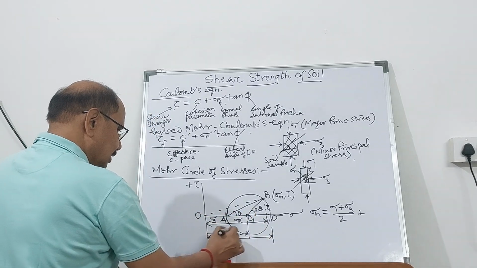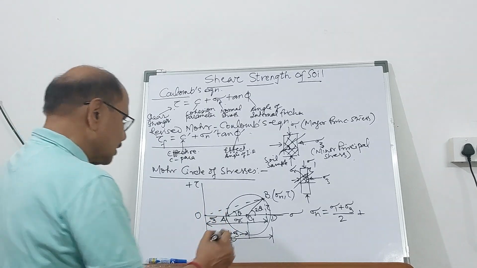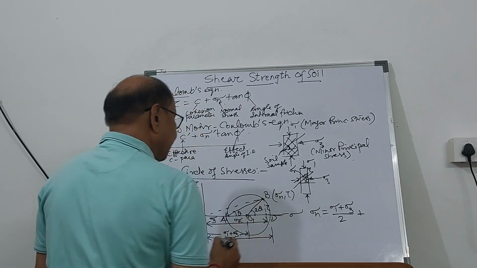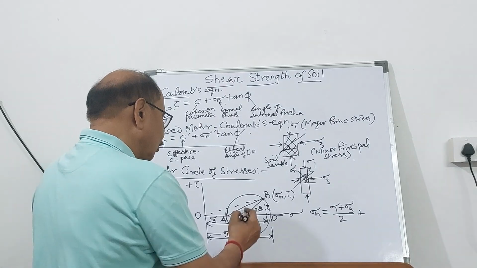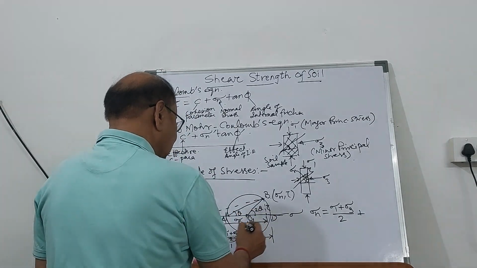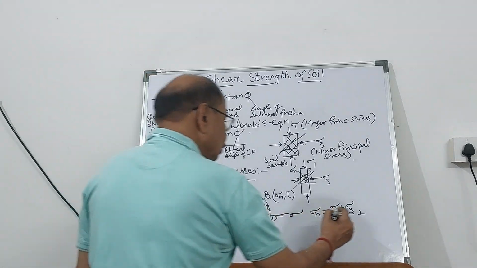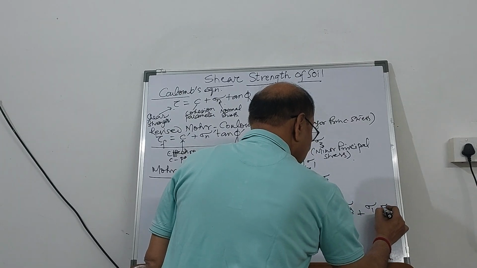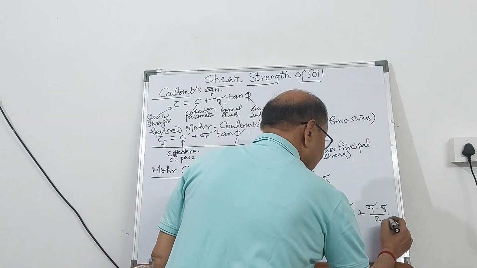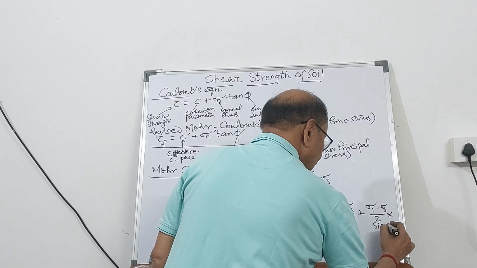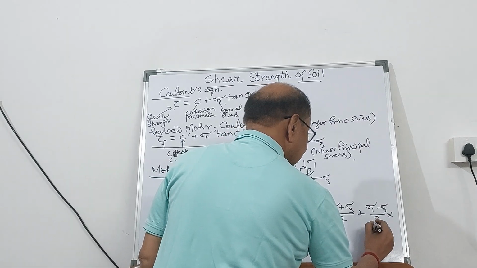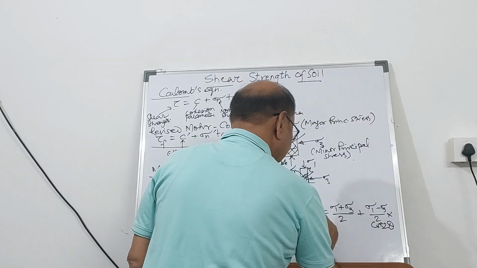So O2 O1 is sigma 1 plus sigma 3 divided by 2, plus this sigma n is going to be equal to the radius, which is sigma 1 minus sigma 3 by 2, multiplied by cos 2 theta, because we want the horizontal component, cos 2 theta. So this is the value of sigma n.